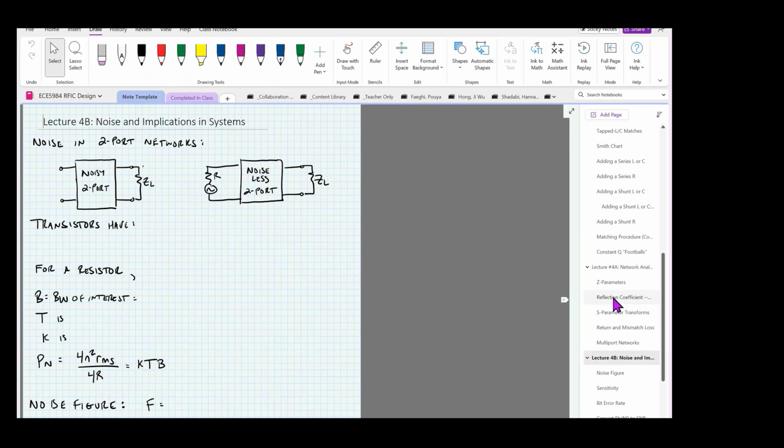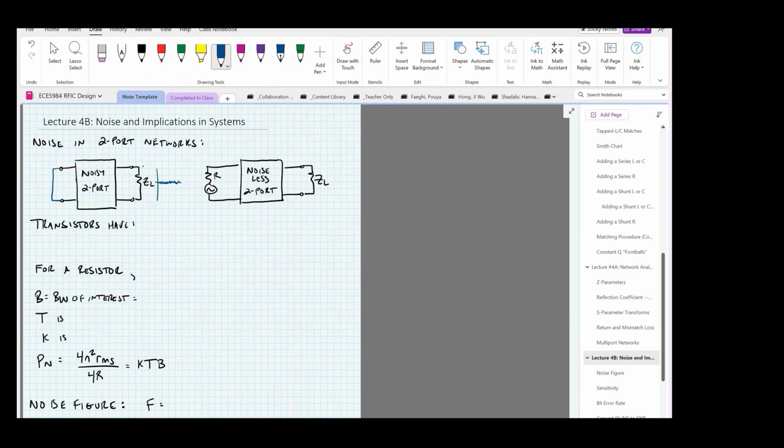We know that all real circuits have noise in them, and it's generally related to some type of loss or some type of non-ideality in an active circuit. We know, for instance, that if we have this two-port network, we short the inputs and we were able to measure the output over time, we'd still see some small wiggle on the output on the load, and that's due to noise.